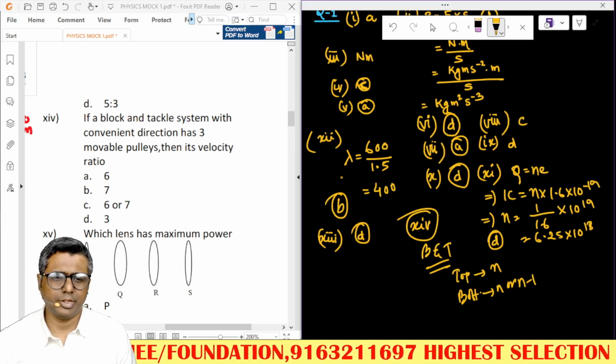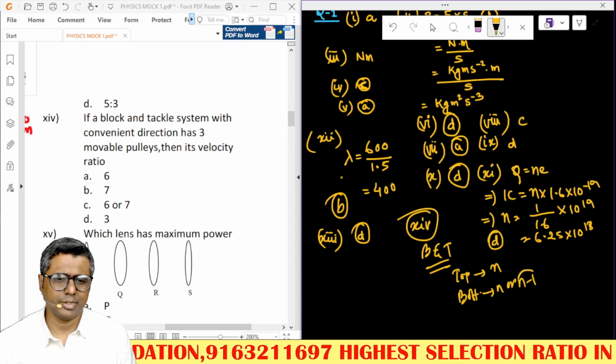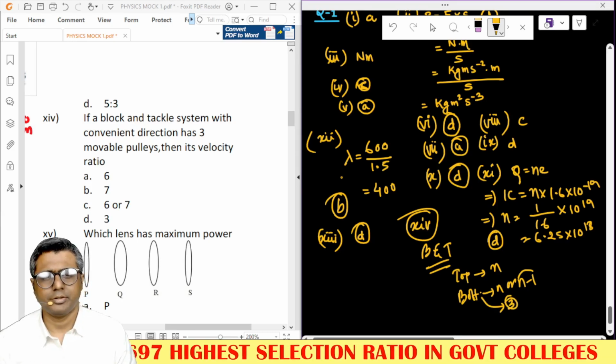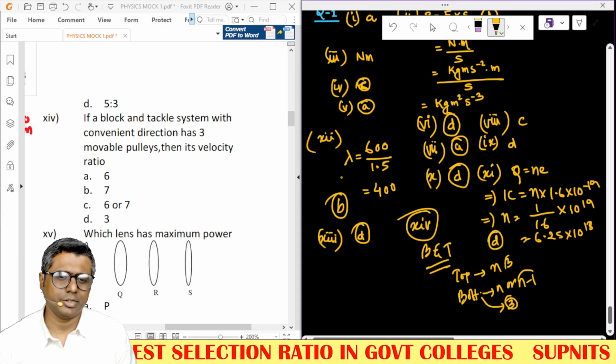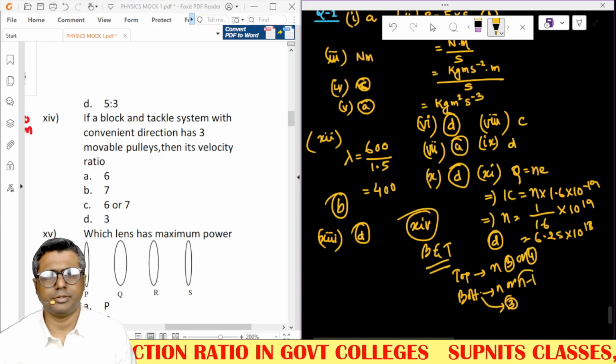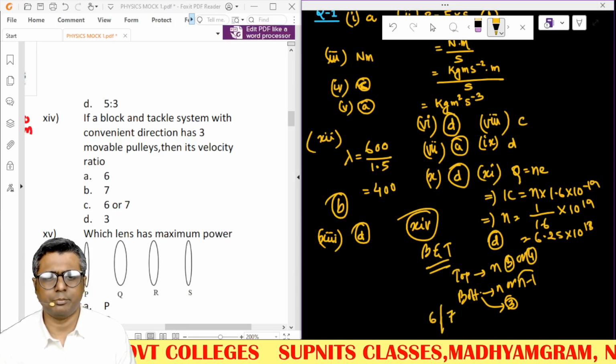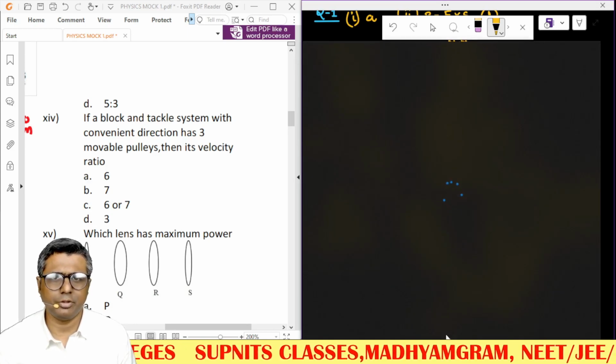So here it is already said that the bottom section has 3 pulleys. So in the top section it may have 3 or 4 pulleys. There are 2 options. So it can be 6 number of pulleys or 7 number of pulleys, and number of pulleys will be equal to the velocity ratio.